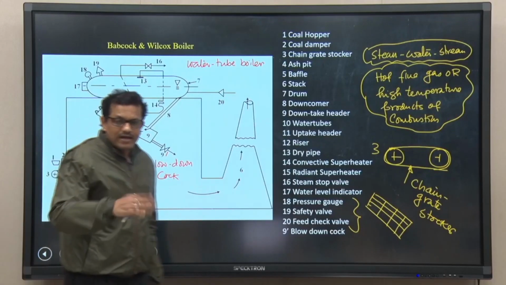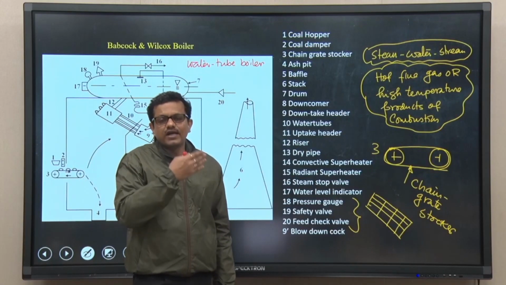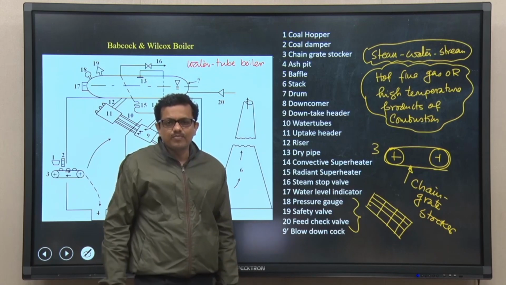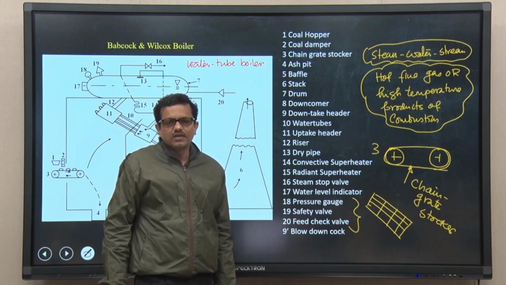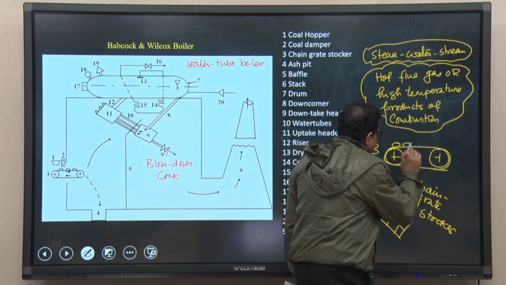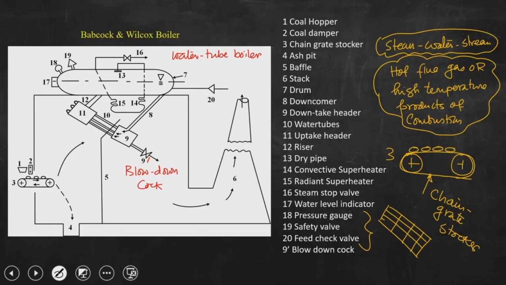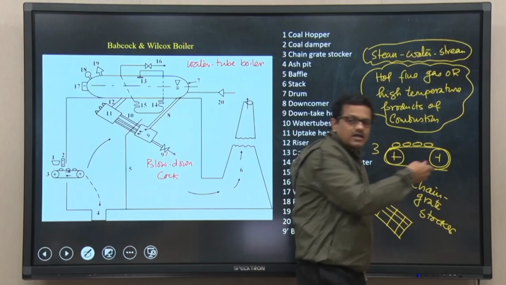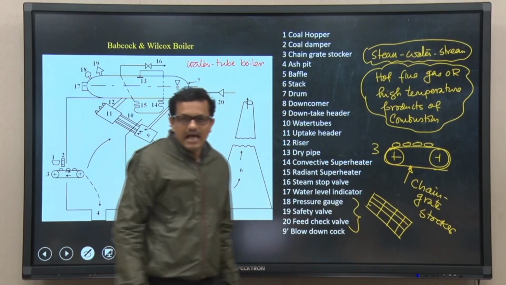So, whoever is going to design this particular module of this boiler must be careful that whenever we are putting coal over here, the entire coal should be combusted within this short distance, and the RPM of this chain grate stoker should be decided accordingly. The entire coal would be combusted, and whenever the product is coming over here, we will be getting residue, that is ash.